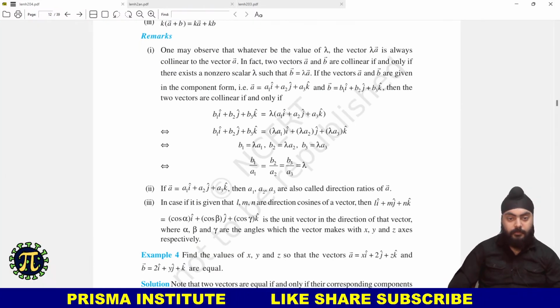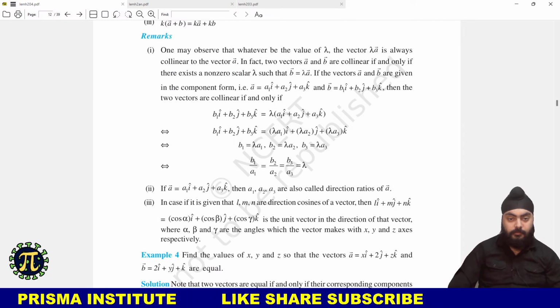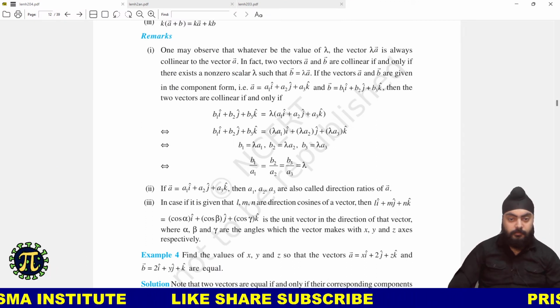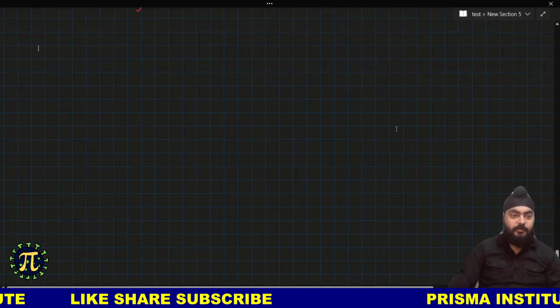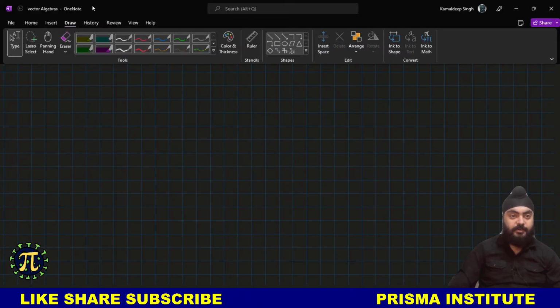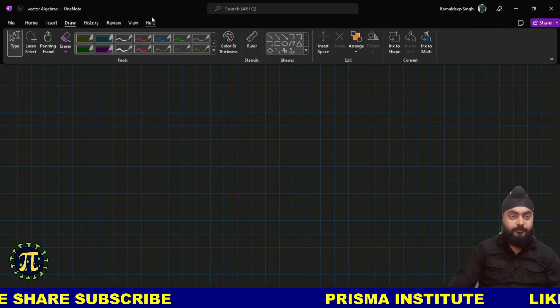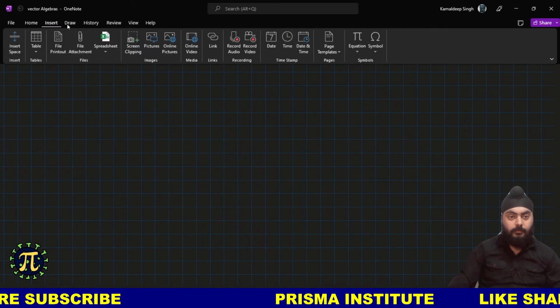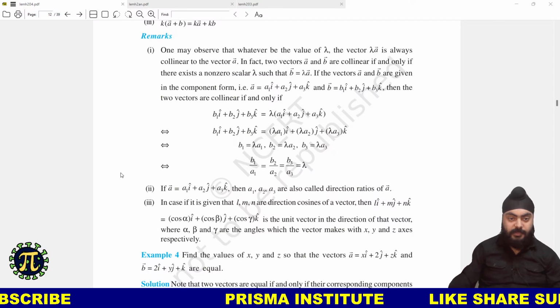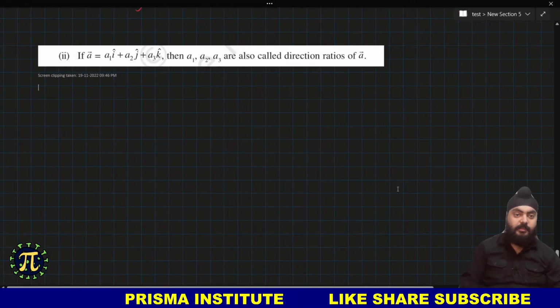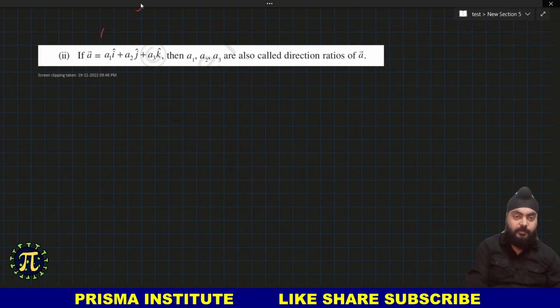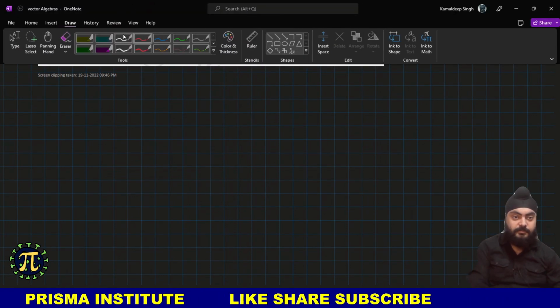So there is a second remark here. We have to define direction ratios. So the second remark here says it's just a definition, and this is the definition for direction ratios.